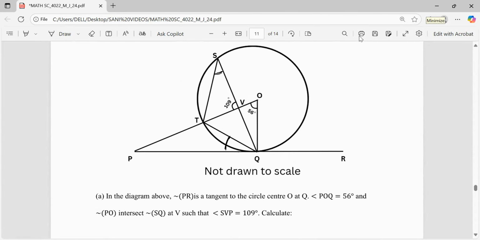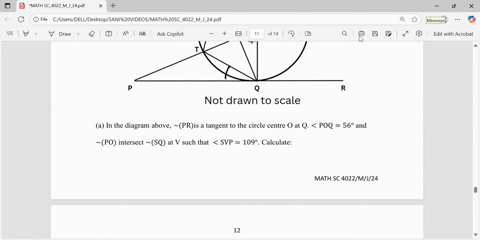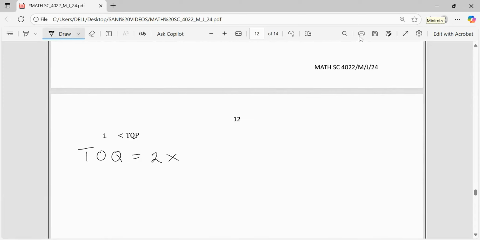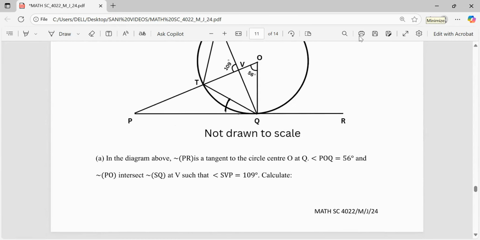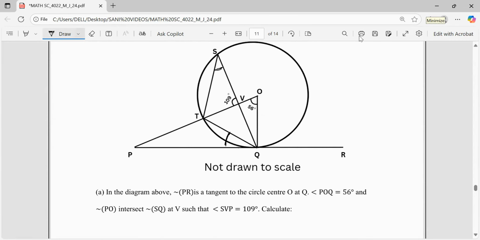That's angle at center is 2 times angle at circumference. And our TOQ is 56 degrees equals 2 times TSQ. So therefore, TSQ is 56 divided by 2, which is 28 degrees. So our TSQ is now 28 degrees.